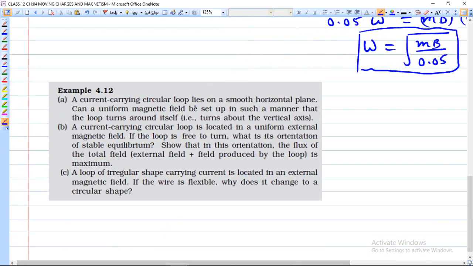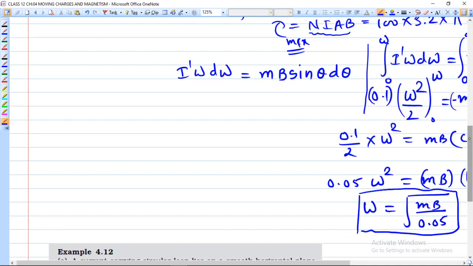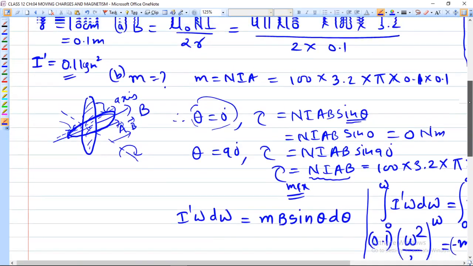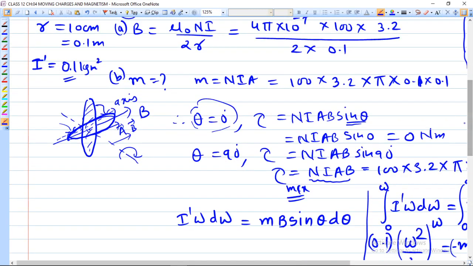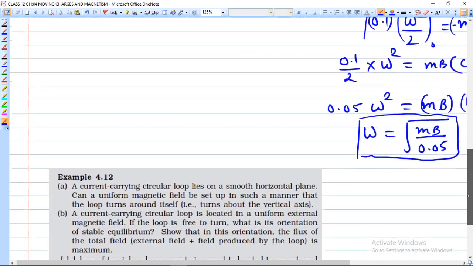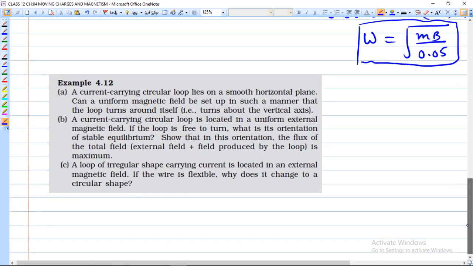A current carrying circular loop lies on a smooth horizontal plane. Suppose this is a table and the current carrying circular loop lies on it.